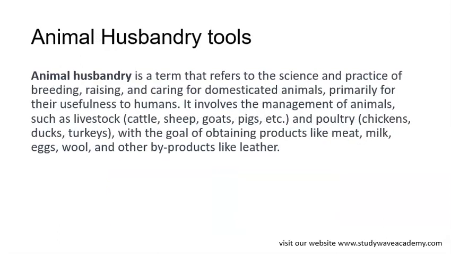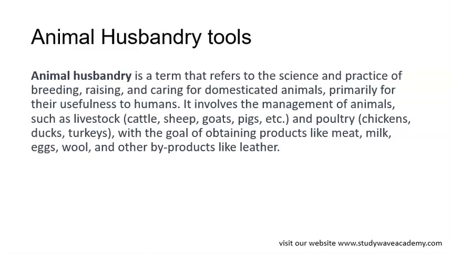Then we have animal husbandry tools. First of all, we are going to know the meaning of animal husbandry. Animal husbandry is a term that refers to the science and practice of breeding, raising, and caring for domestic animals, primarily for their usefulness to humans.